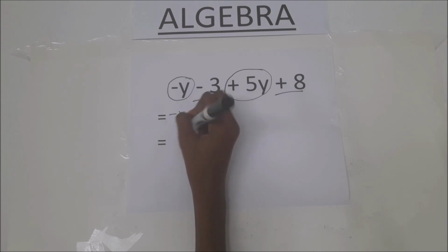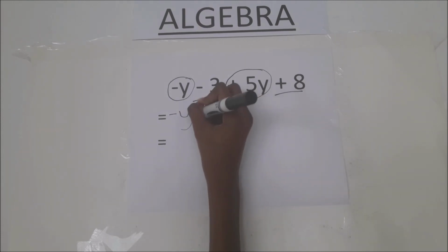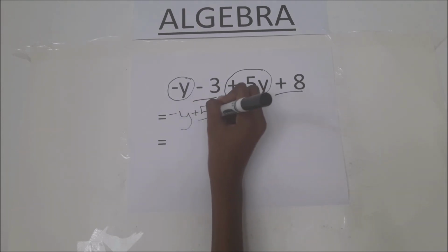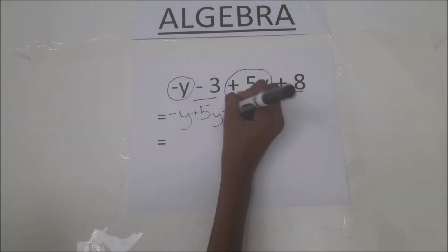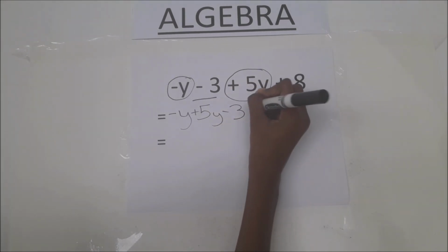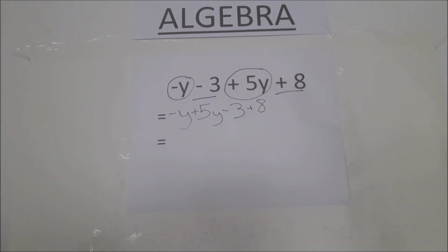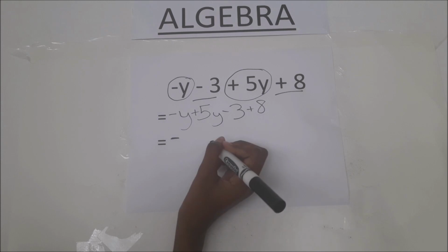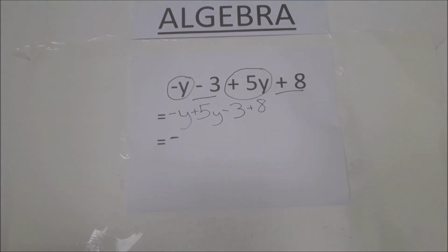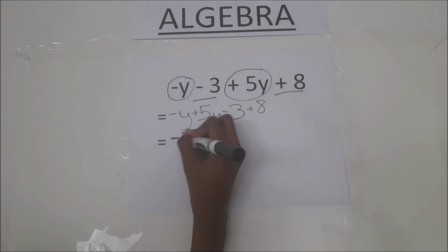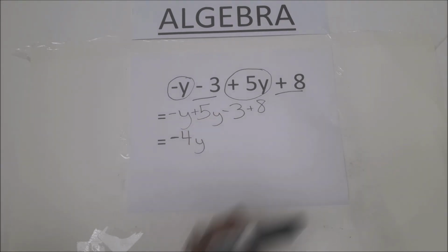Negative 1y plus 5y, minus 3 plus 8. Negative 1y plus 5y is negative 4y.